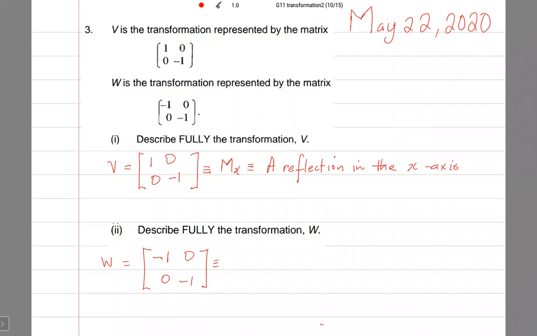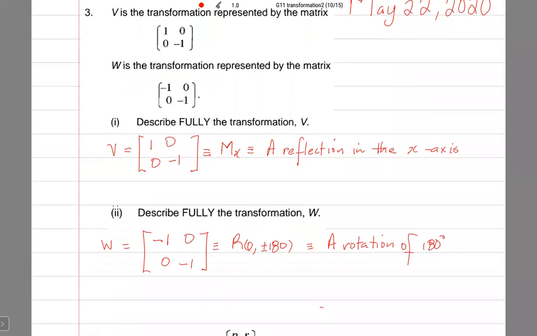And the transformation that does that is R O plus 180 degrees. Let me just put plus or minus 180 degrees. And this is a rotation of 180 degrees about the origin.